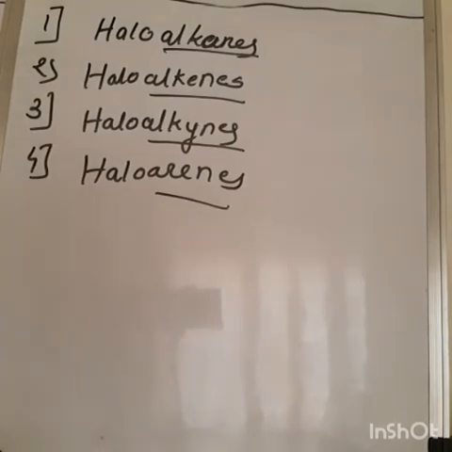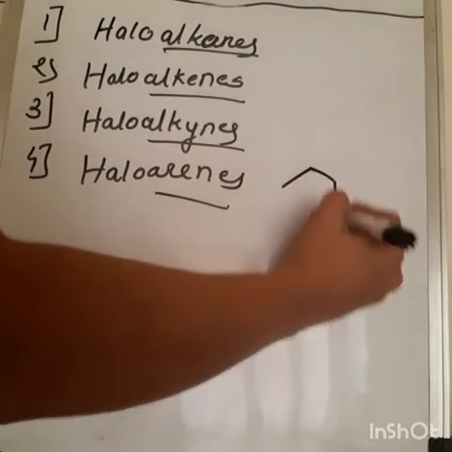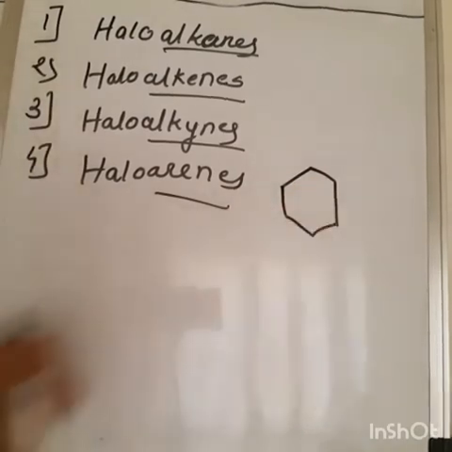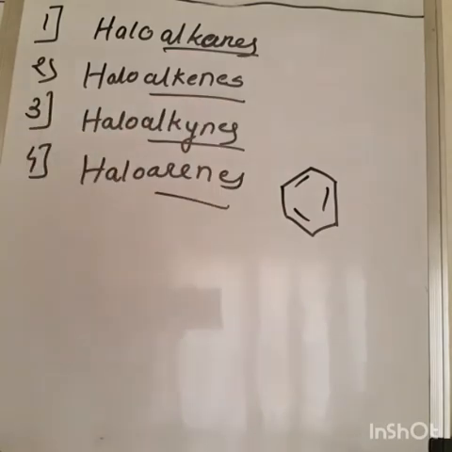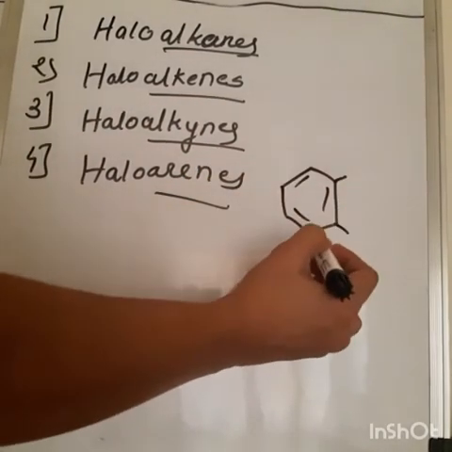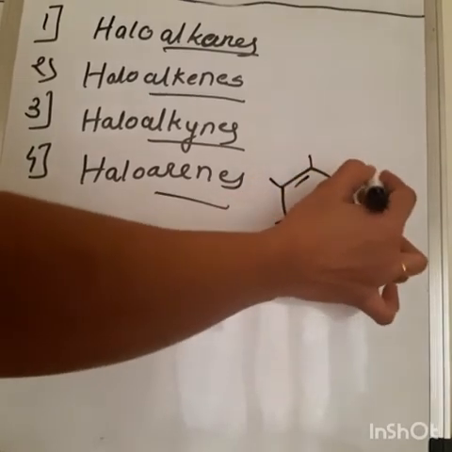So next is haloarenes. These are the compounds derived by replacement of one or more hydrogen atoms by halogen atoms in aromatic ring compounds. Let's see the example of benzene. We all know the structure of benzene. Here at each carbon one hydrogen is attached.